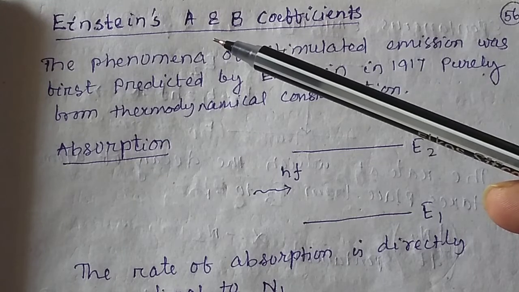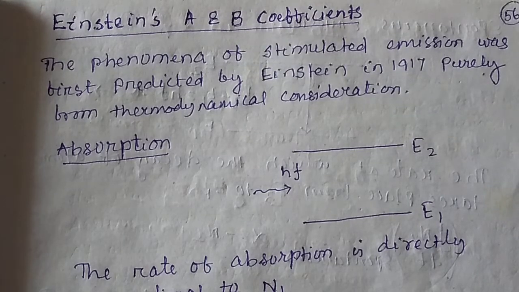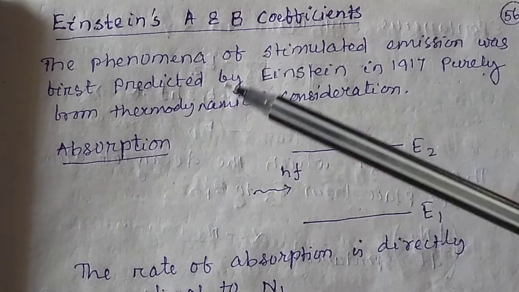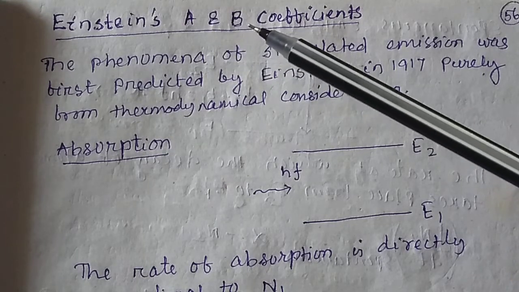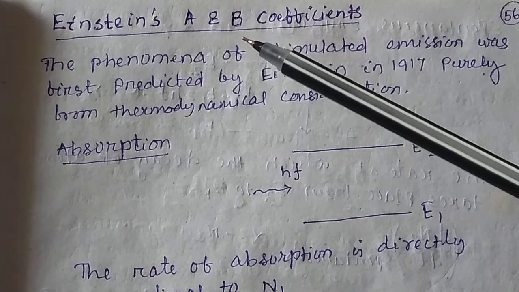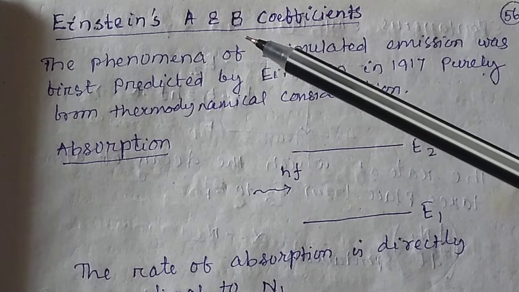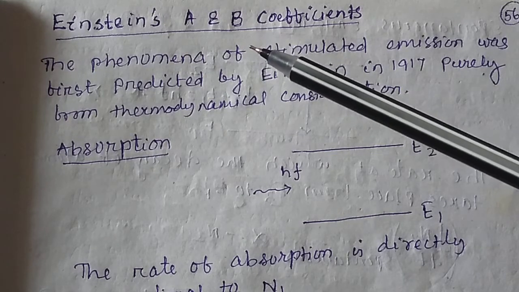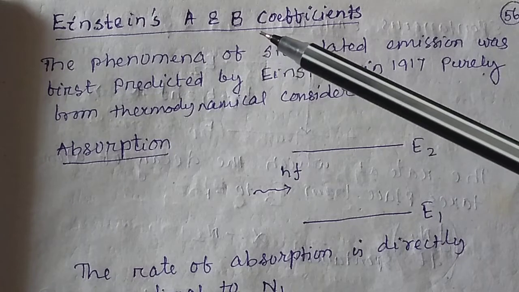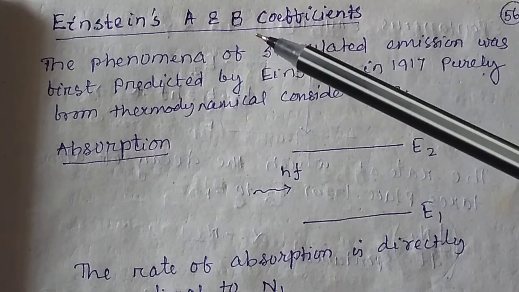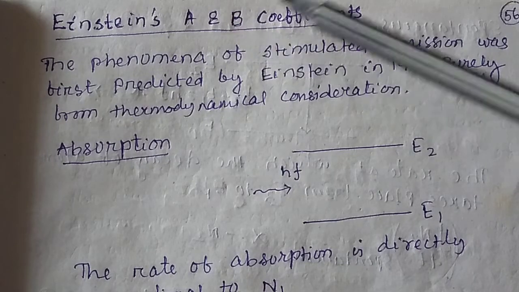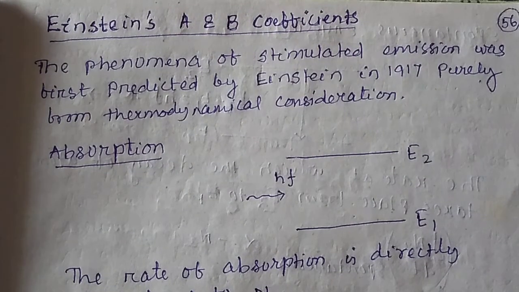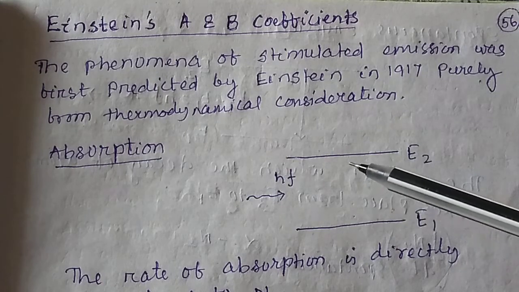Your A is called a constant, which is related to spontaneous emission. In B you have two constants, B12 and B21. B12 is basically related to the absorption coefficient, that is, absorption, and B21 is a constant related to stimulated emission.